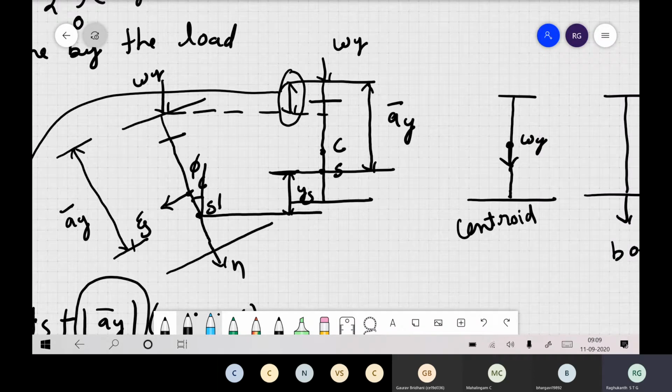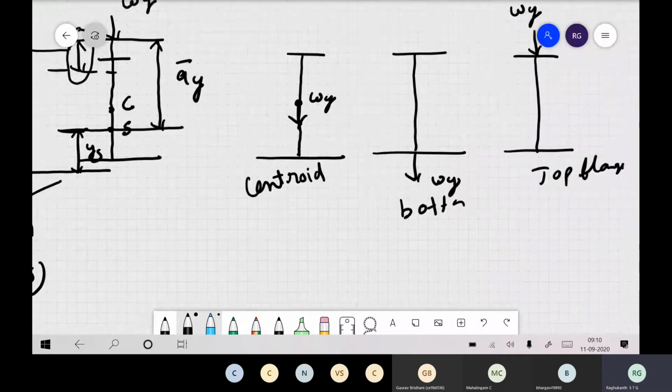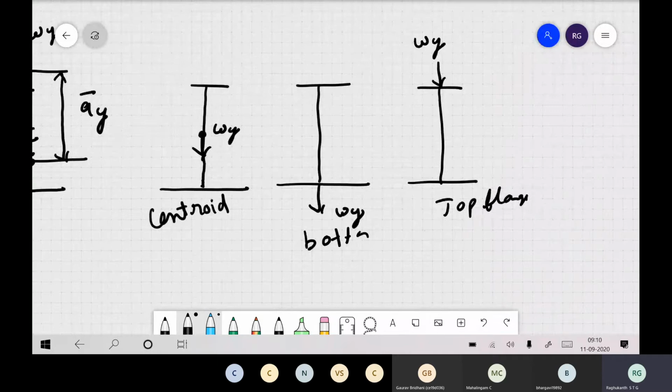When you do our structural engineering laboratory course for BTech, as well as experimental techniques for MTech, you will do this lateral torsional buckling test for the I section. Between these three, which has very high chances? Top flange. You would have done the experiment also.